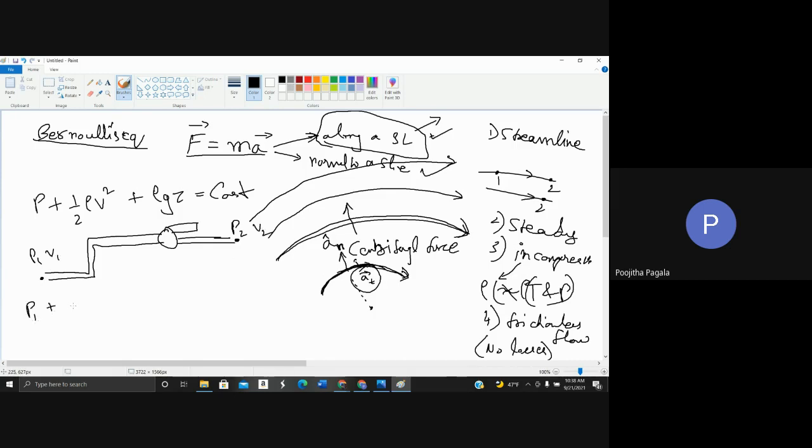So P1 plus half rho V1 square plus rho gZ1, plus eta P times WP, is equal to P2 plus half rho V2 square plus rho gZ2 plus WT by eta T, plus HF.